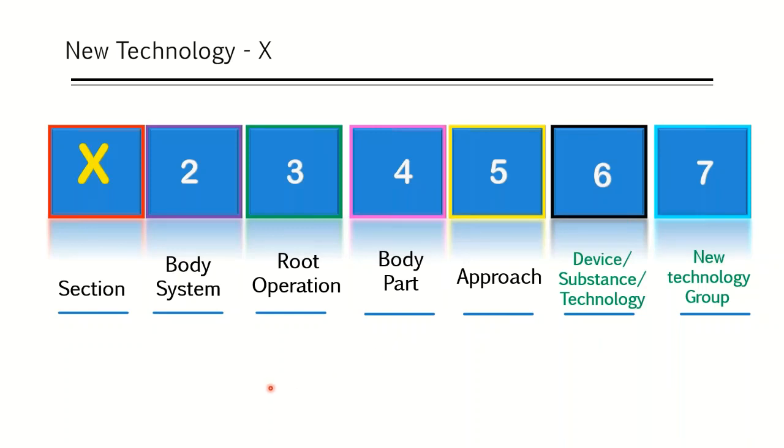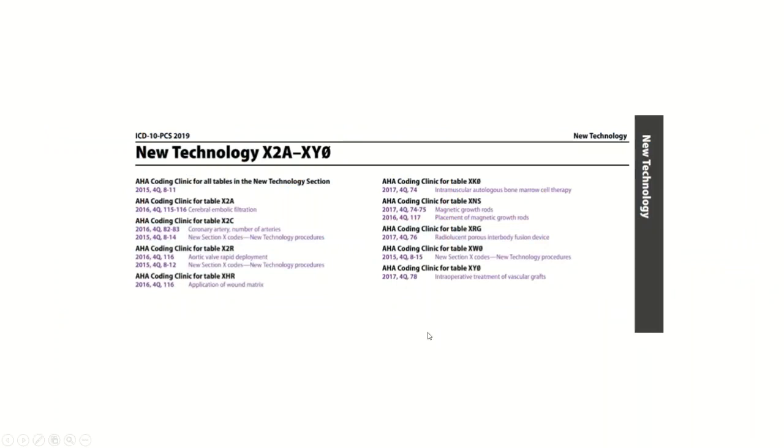Now let's go and take a look at the new technology section. Well, first, it doesn't really have the character meanings page. Well, in my ICD-10-PCS manual, AMA version, we don't have it, but we do have a lot of guidelines. And this is new technology.